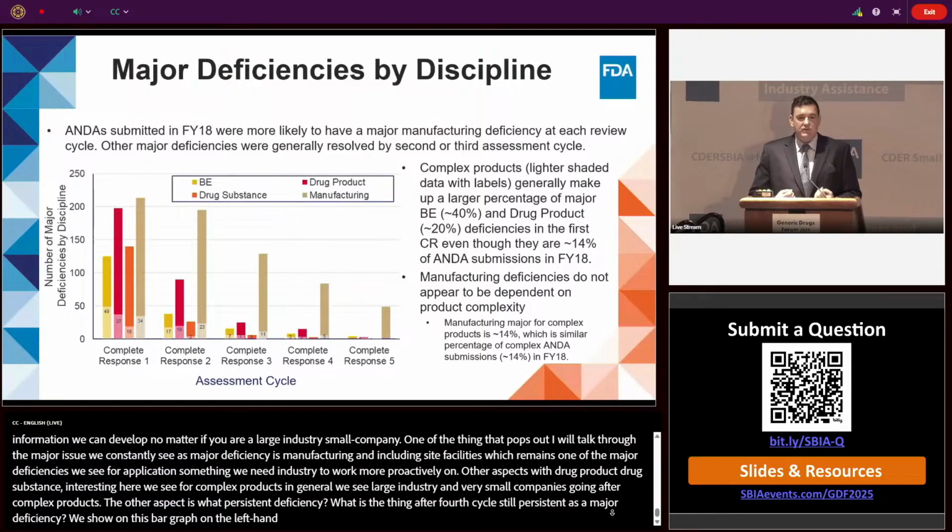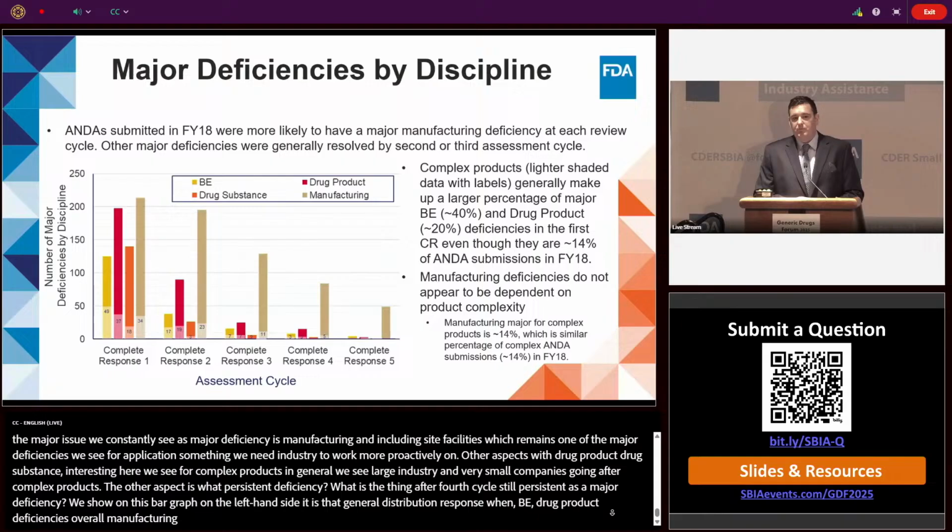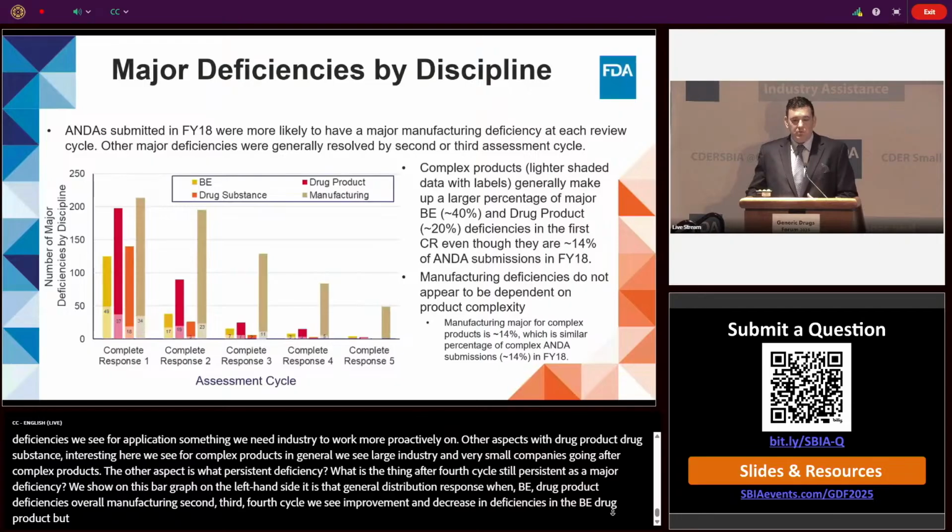But as you go to second, third, fourth cycle, we're seeing really improvement and a decrease in deficiencies in BE, drug substance, drug product. But manufacturing site facilities continue to be a persistent issue through multiple cycles. I think this goes back to understanding why that's there and being more proactive in addressing those earlier and making it more appropriate.